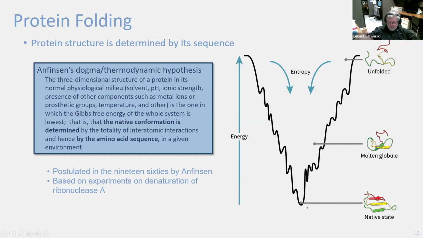This would be your calculated structure, and according to Anfinsen's idea, this would be the actual structure that you would get if you determined the structure experimentally.